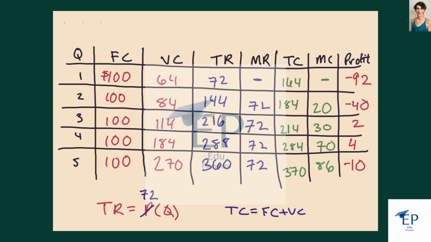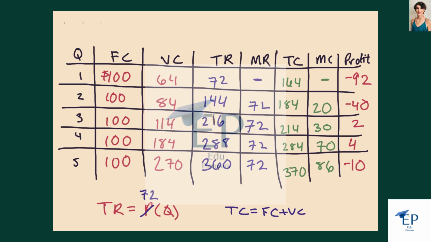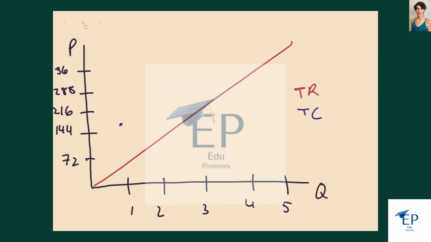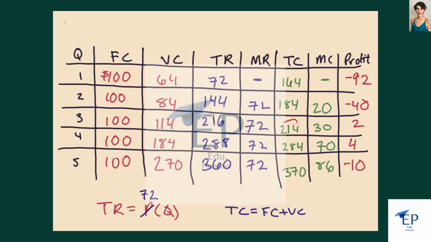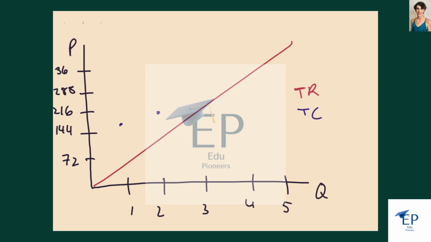And when we are producing 1 unit of our good, our total cost is equal to 164. 164 is somewhere over here. And then when we're producing 2 goods, we have a cost of 184, somewhere over here. 214 at 3 units is right here.